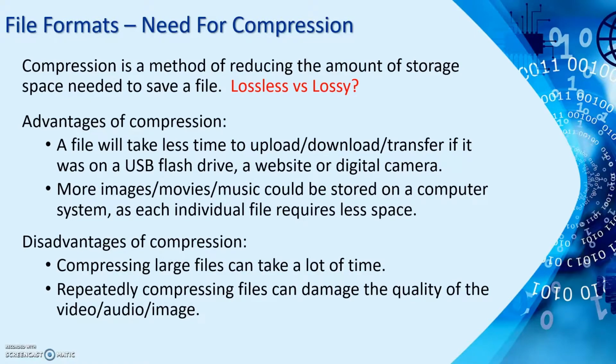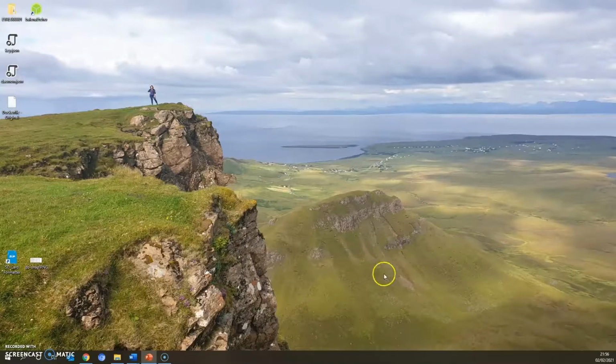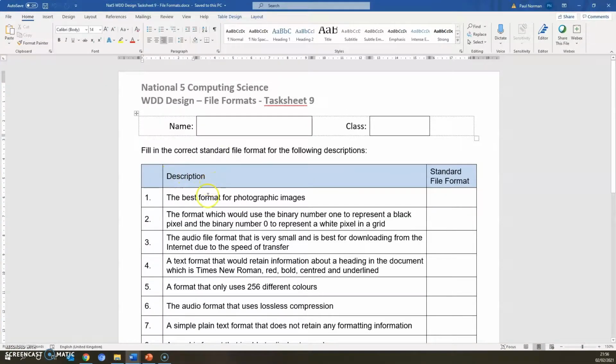And repeatedly compressing, uncompressing, compressing, uncompressing files will eventually damage the quality of the video or the audio or the image. Okay, so now you've got another task. It's your second task, don't worry, and your last. Task sheet 8, all about file formats. Just to show you what that one looks like. Okay, quite simple.